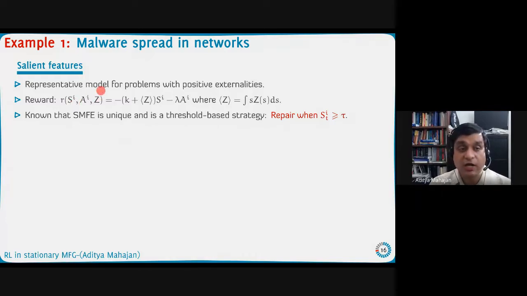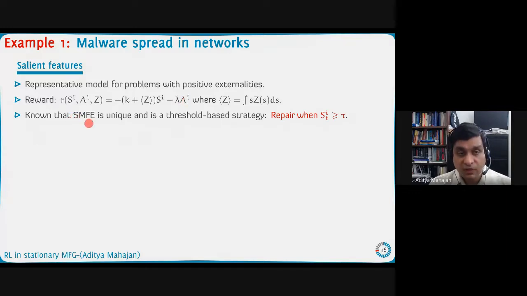In particular, we look at reward functions where the reward is some constant times the state of the agent, where this constant is some universal constant plus something which depends on the average of the mean field. What I mean is if I look at the average value of the state of all agents, minus a cost lambda which agents have to pay if they take the repair action.